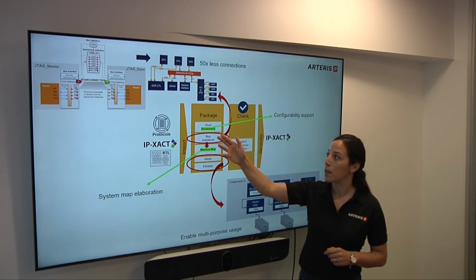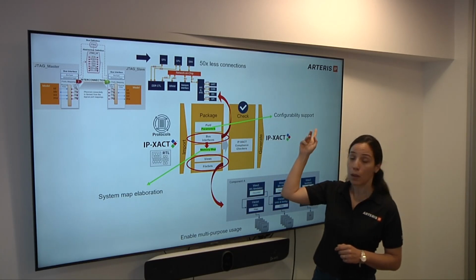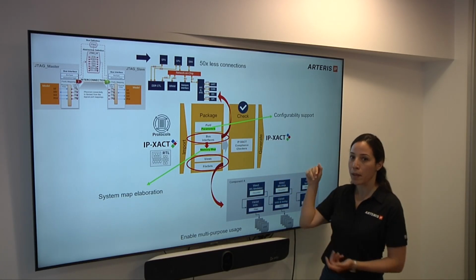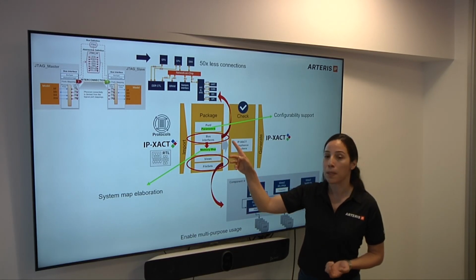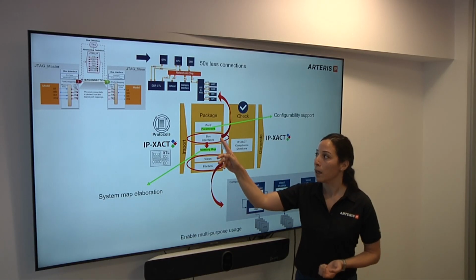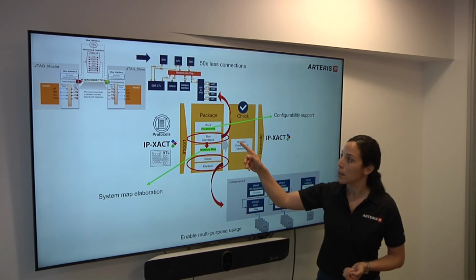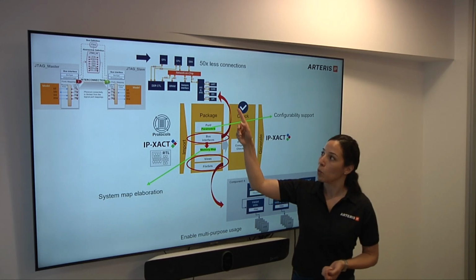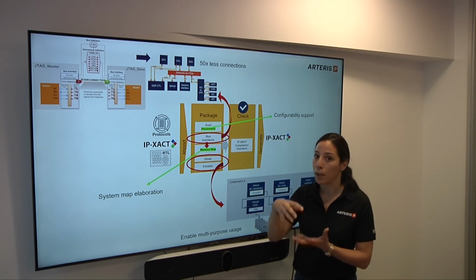So we'll have the description of the ports and the description of the parameters. This will help with the configuration of the IP when it is instantiated. If you have specific protocols that are used in this IP, we can map the ports into bus interfaces. The bus interfaces are very helpful because they make the integration much easier.